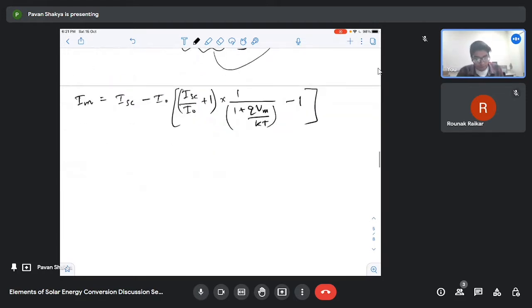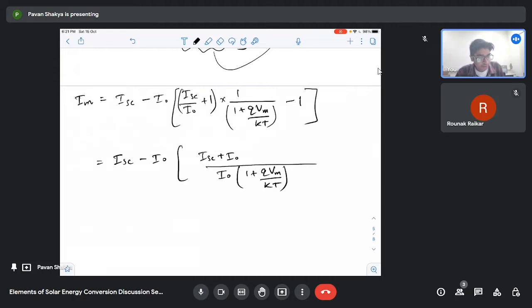Okay, so if we solve this, then taking I naught common in 1 plus QVm by KT, this term will be ISC plus I naught, and with the negative sign this term, that is 1 plus QVm by KT, and with this I naught, so this will be minus I naught minus QVm divided by KT into I naught.